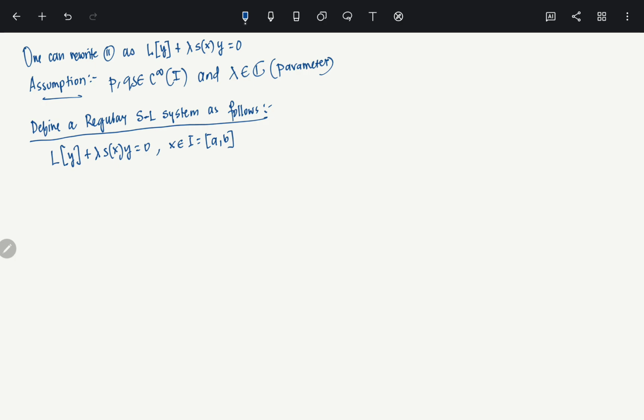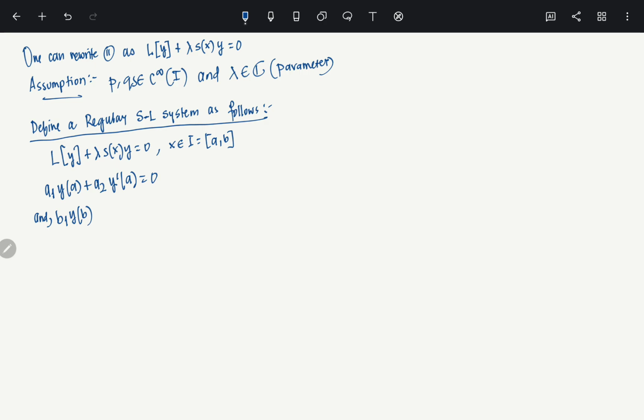Now we will have some conditions. The conditions are: A1 times y of a plus A2 times y prime of a is going to be 0. And B1 times y of b plus B2 times y prime of b equals 0. This is called a regular Sturm-Liouville problem.